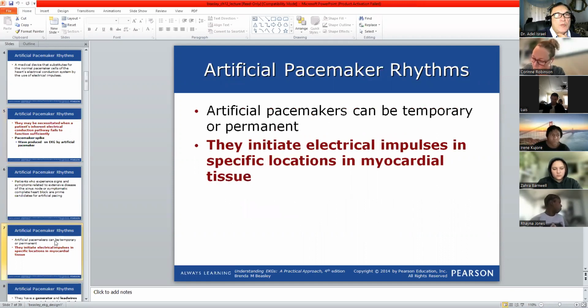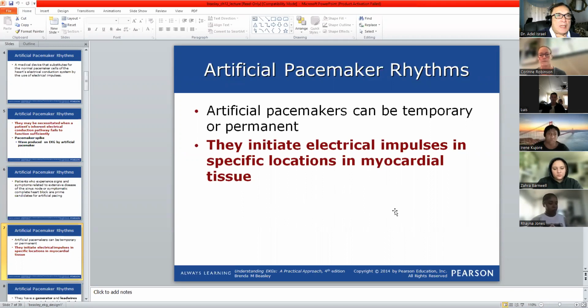Then what we need to know about the artificial pacemaker is that it will create or initiate an electrical impulse in a specific location in the myocardial tissue. And what we mean by specific location, we have to know that we are focusing on the right side of the heart.